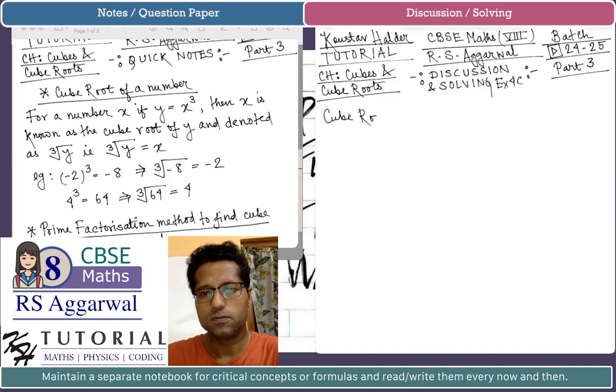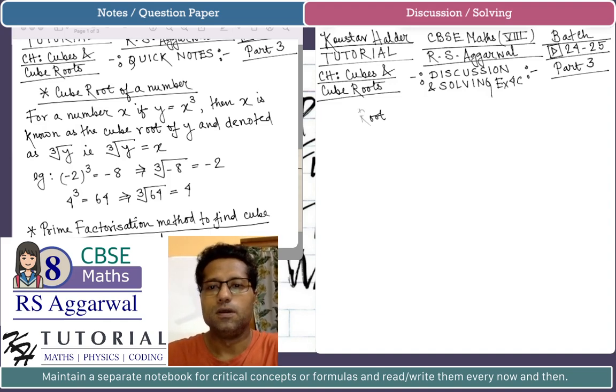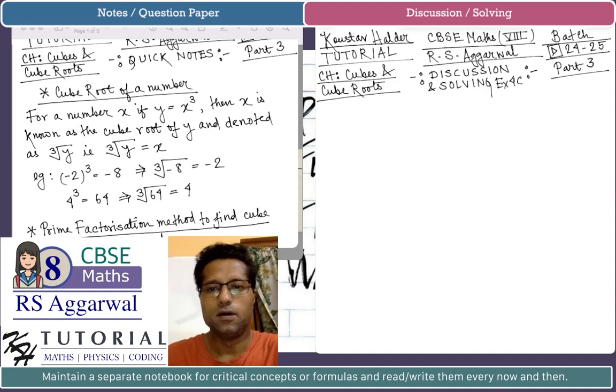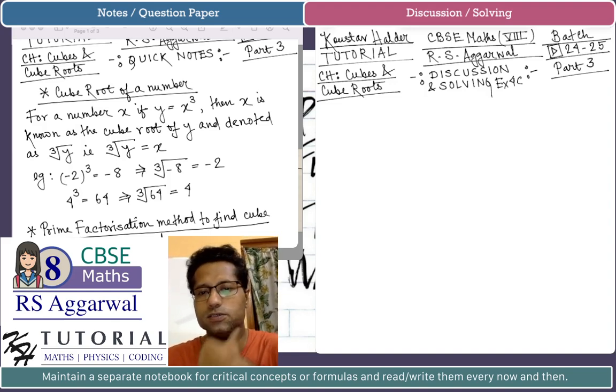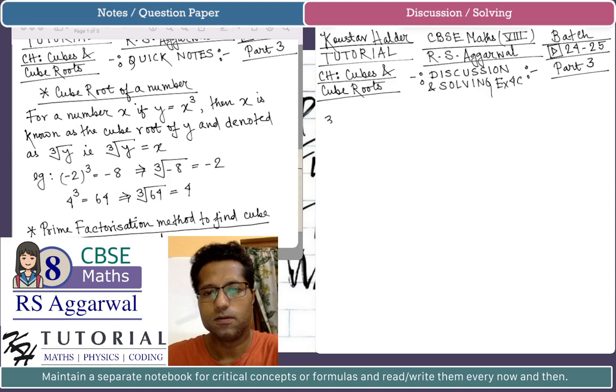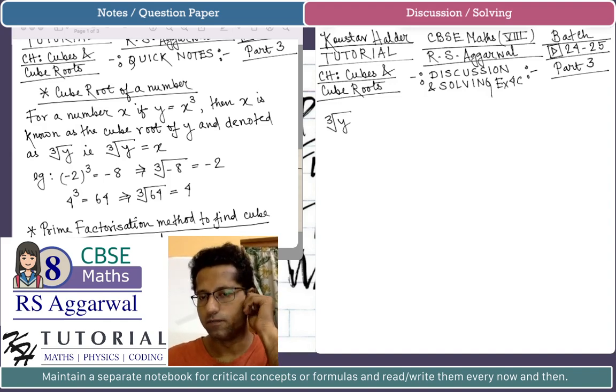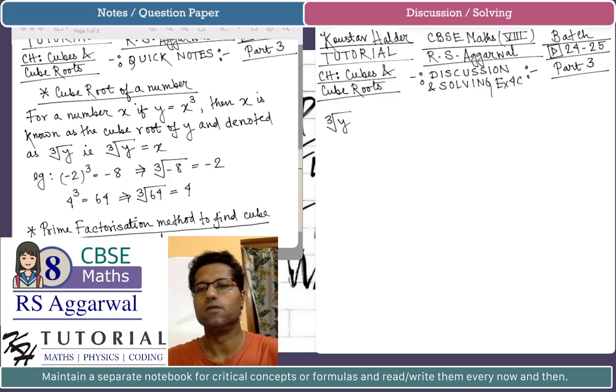So the cube root of y is denoted by this symbol: it's basically the square root symbol, but on the top left corner you write the number 3. This means that it is a cube root of y.